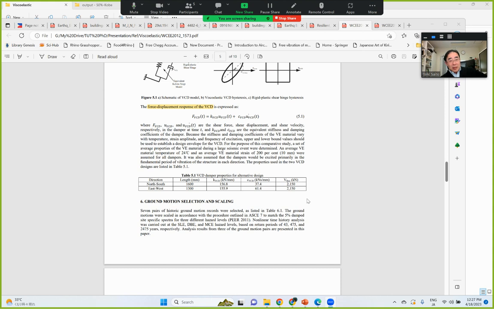There is not much properties catalog for the viscoelastic damper. Viscoelastic damper is usually designed based on how much thickness the viscoelastic and the metal plate in between the viscoelastic. So if we can find those properties, maybe we can put them in Stera 3D.